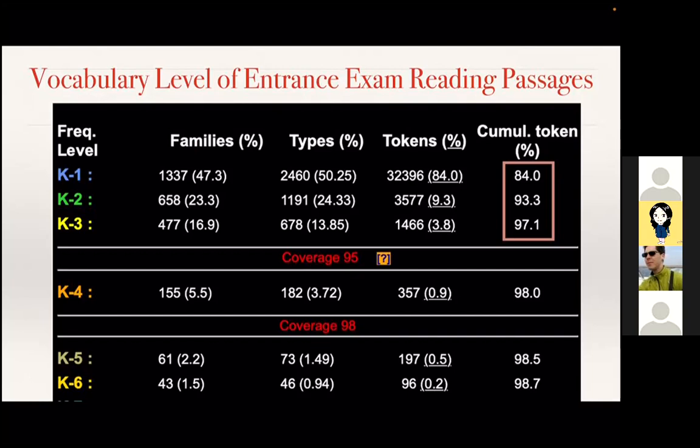So we can say these are relatively easy passages as far as vocabulary is concerned. This is natural because there is a vocabulary level policy for the entrance examination. We use only 2-star or 3-star words in the Genius English-Japanese dictionary, and other difficult words are rephrased. So the vocabulary range is quite limited.